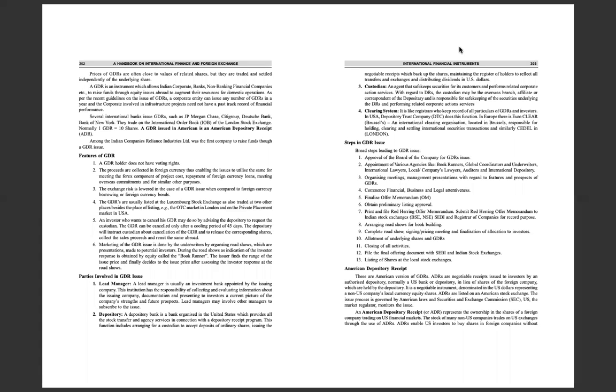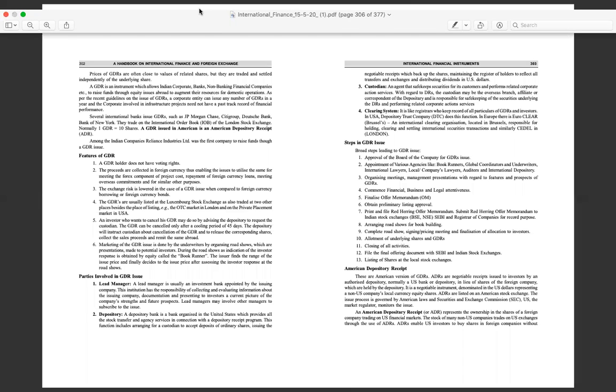A lead manager is appointed by the issuing company. A depository is also appointed by the issuing company, and the depository is usually a bank in America. It is going to convert the physical shares of the company into depository receipts.